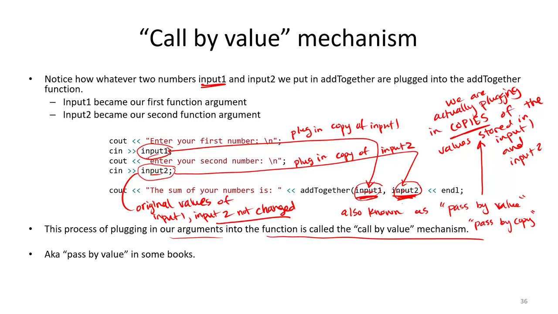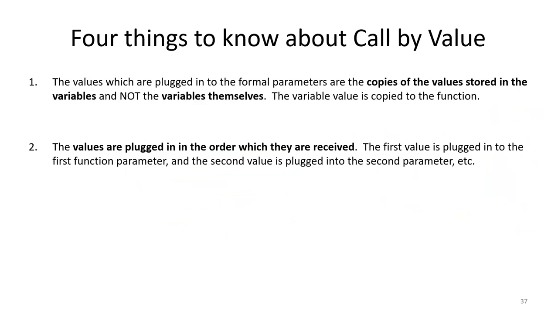So let's summarize these things that you want to remember about call by value. First thing to remember is that the values that we plug in to our function are copies of the value stored in that variable. We're just using copies.